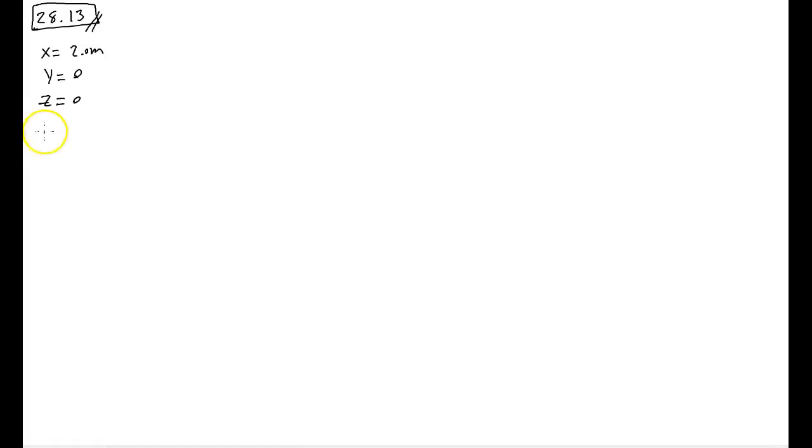We have 4 amps, and the segment is 0.5 millimeters, which is 0.0005 meters, for the segment.